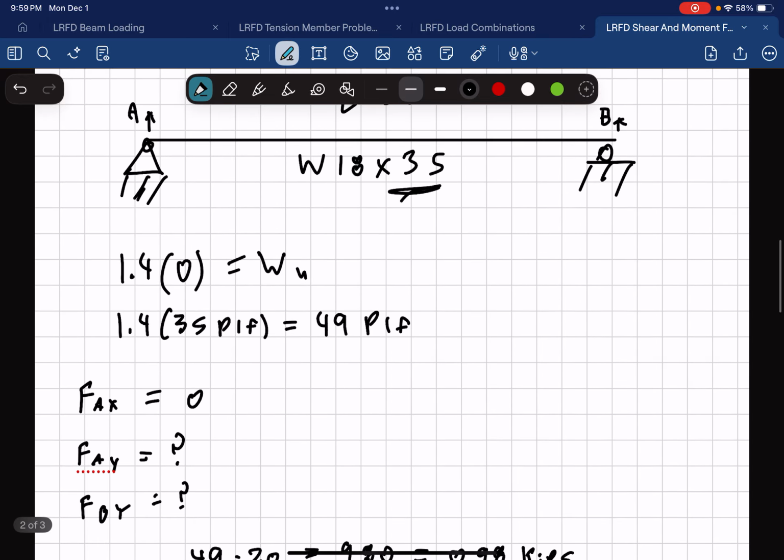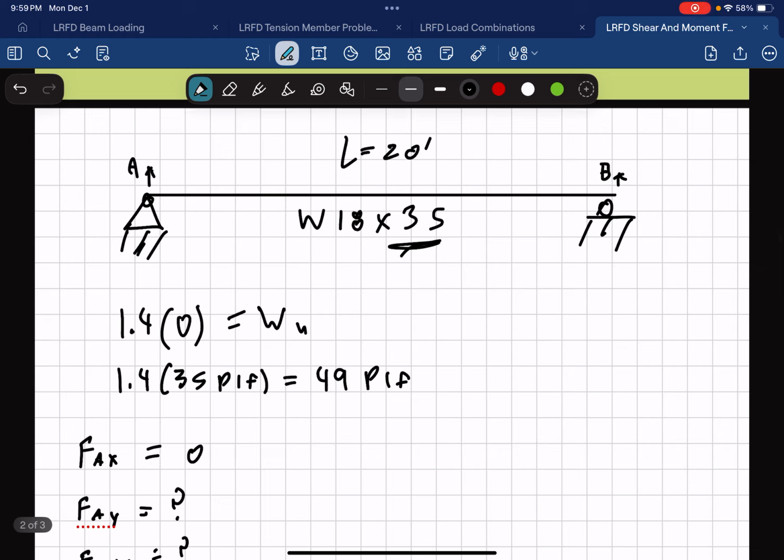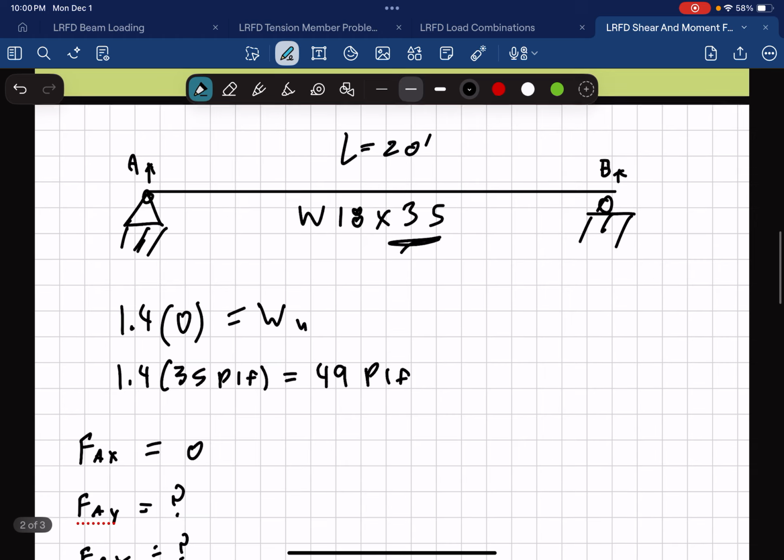Now, we have to take this information and do a few things with it. First off, our pounds per linear foot really isn't going to do too much for us in this specific case, because we are dealing with the end reactions, and we need to figure out what those end reactions are. And the linear weight by itself doesn't really help us. So if we take this, we can turn it into the weight of the beam because we have 20 feet.